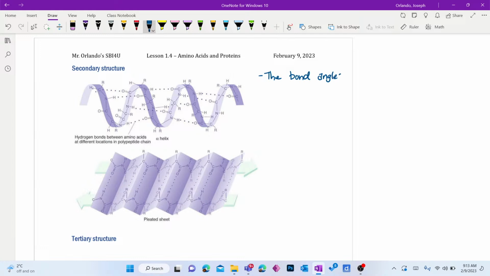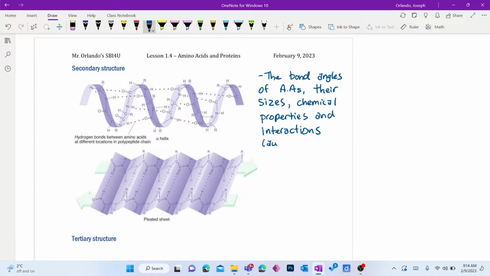The bond angles of amino acids, their sizes, chemical properties, and interactions cause tangled shapes. Highly scientific language.